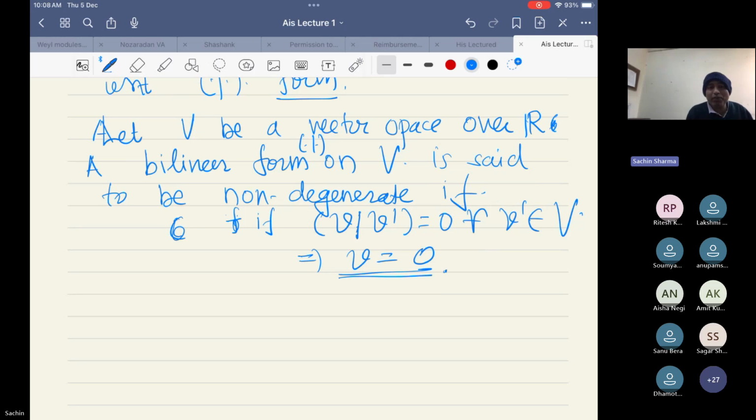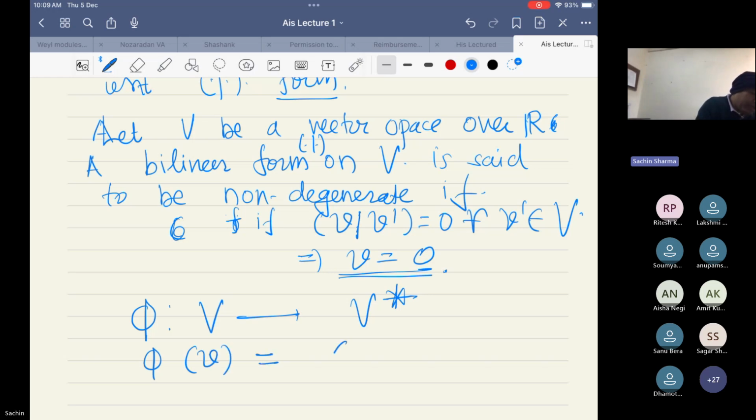So suppose you have this property, then it lets you define a map phi from V to V star. Usually the isomorphism between V and V star is basis dependent, but due to this you will see how we define a map. Phi of V is equal to this form, V dot. This is a notation which you will often see in this course.